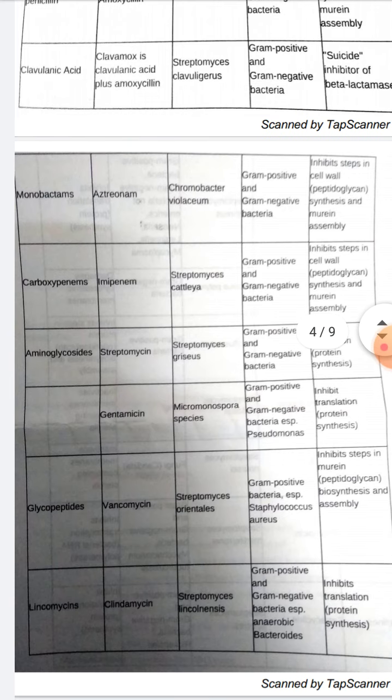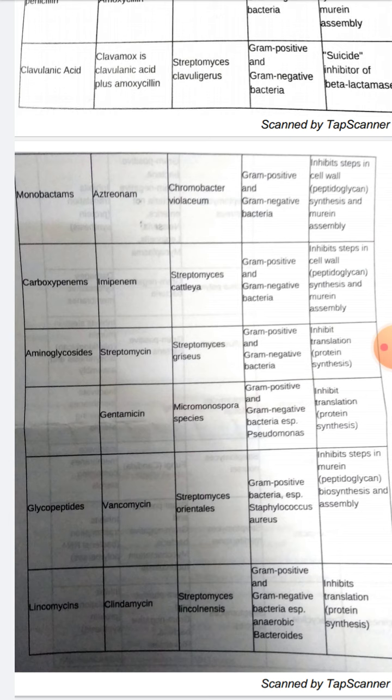And next we have aminoglycosides. Aminoglycosides are a bactericidal category of traditionally gram negative antibacterial medications that inhibit protein synthesis. Examples are streptomycin and gentamicin.